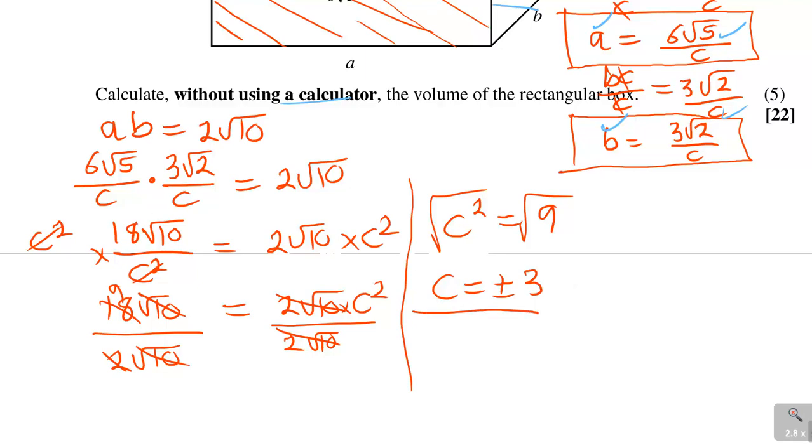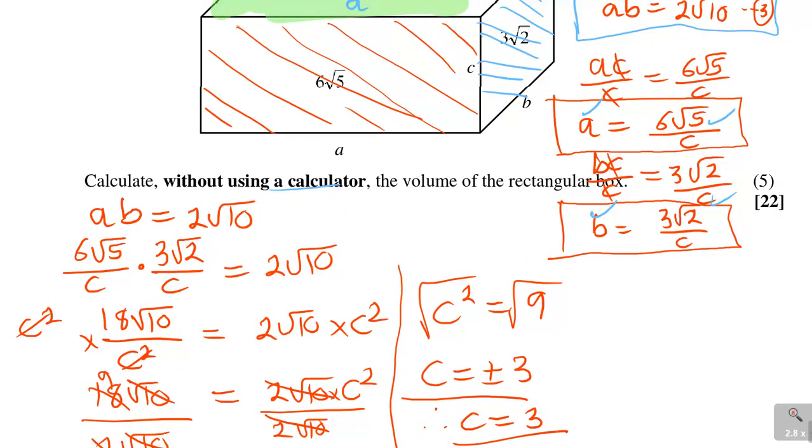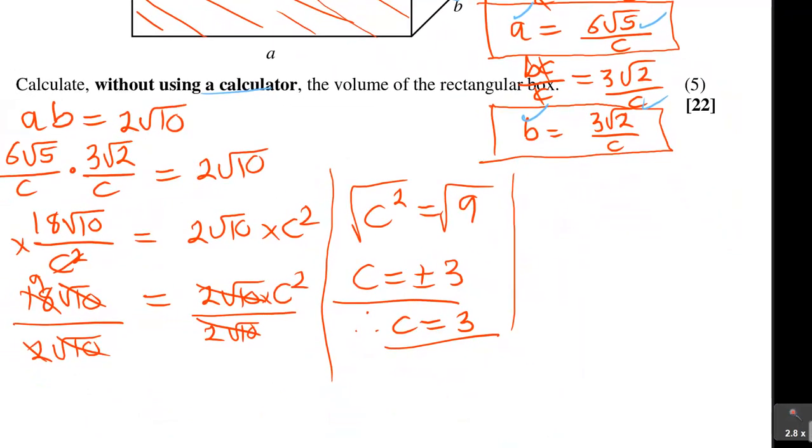Now since we're dealing with sides of a rectangle, therefore C is positive, C is equal to 3. So we know the value of C. We have to now find the other values. Remember, we said our value for A was equal to 6 root 5 over C, but now I'm going to put the value of C, 3.